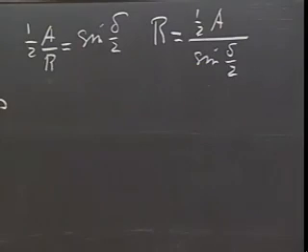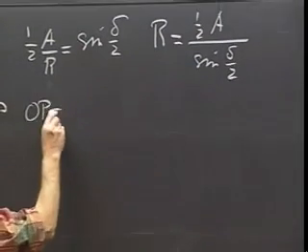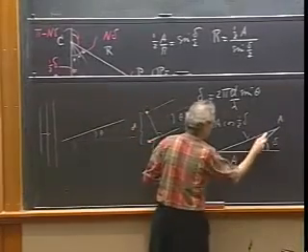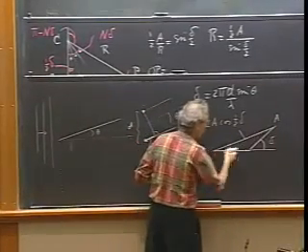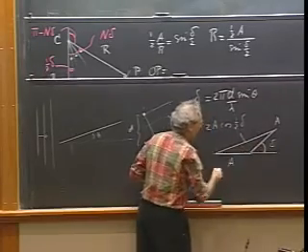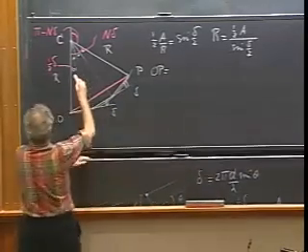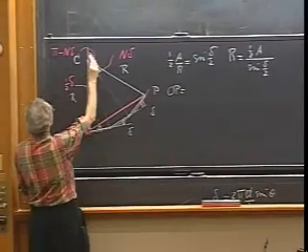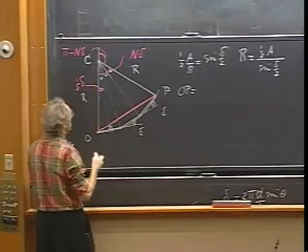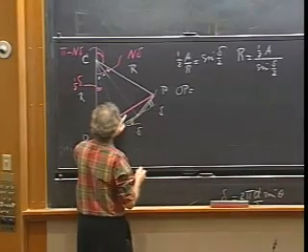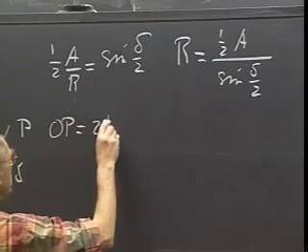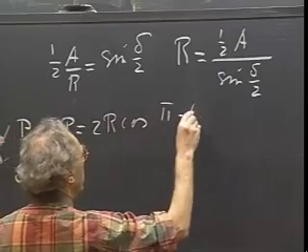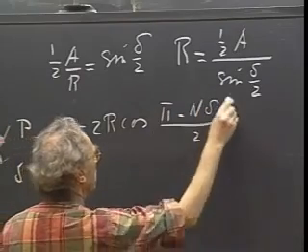So I'm really interested in OP. And now I'm going to use this knowledge. I have a triangle. I know two sides, and I know this angle. Then I can calculate this one. I know two sides. This is R, and this is R. I want to know the third side, and I know this angle, which is pi minus n delta, and therefore this length here is 2R times the cosine of half that angle, pi minus n delta divided by 2.